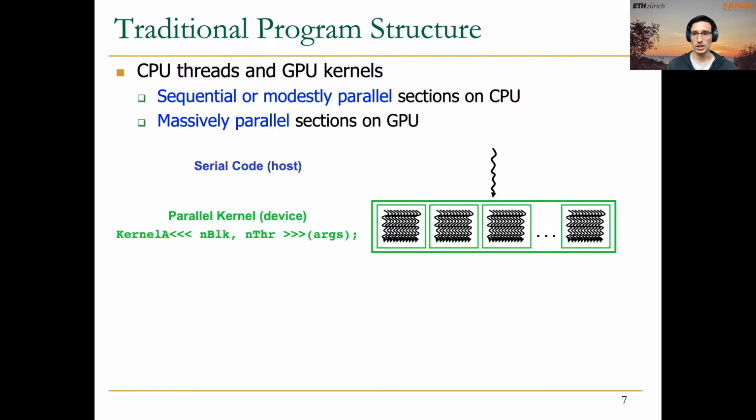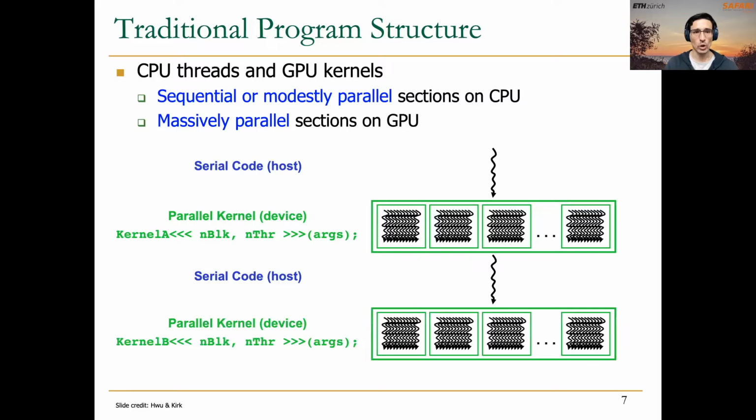Observe that this GPU kernel is going to use a certain number of threads. These threads are grouped into thread blocks. After the kernel terminates, the control returns to the CPU. Some more serial code can be executed on the CPU by the CPU thread. And at some point, we may launch a new kernel, either the same kernel because it's an iterative algorithm, or a completely different kernel using its own number of threads and threads per block.